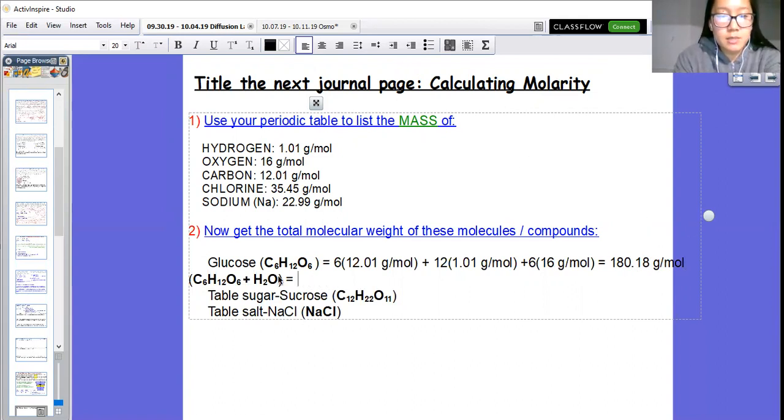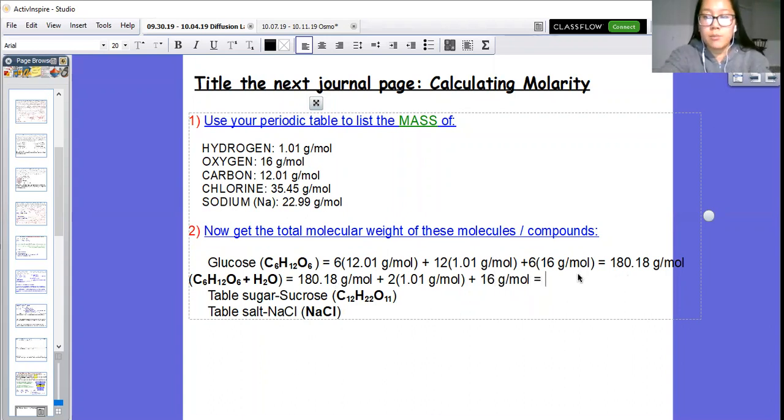Okay. You can also do the same exact thing and add it with water, because when you put glucose into water, it automatically combines with water. And so the molecules are actually glued together almost. If you want to find out your glucose weight, which you already know, and then you're going to add on the water molecule weight. So you're going to add on 2 hydrogens per water molecule, and then you're also going to add on 1 oxygen weight, because you know that there is 1 oxygen per water molecule.